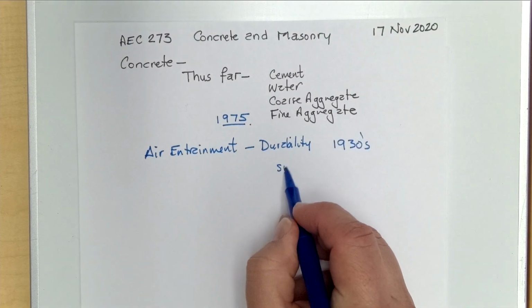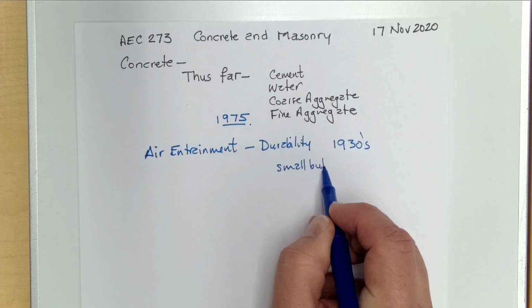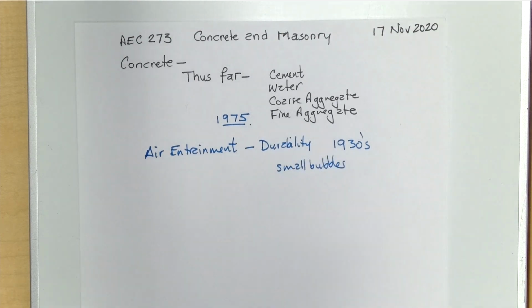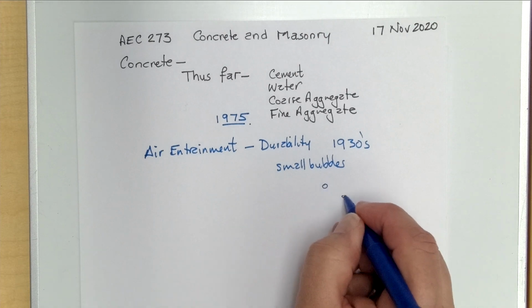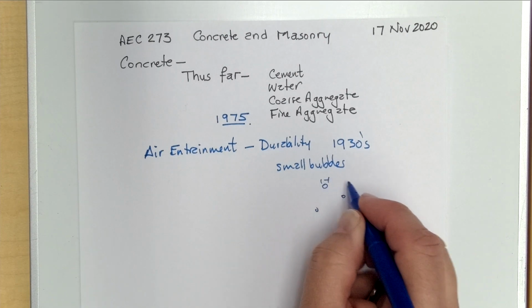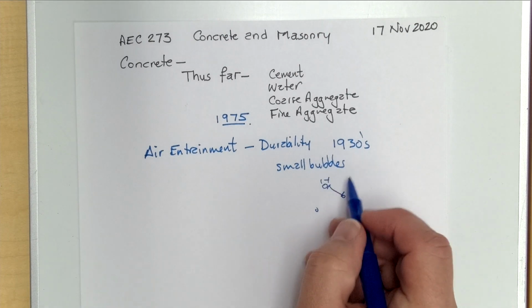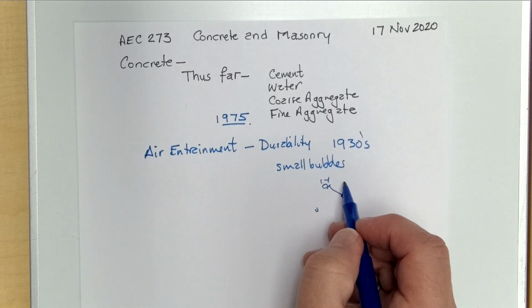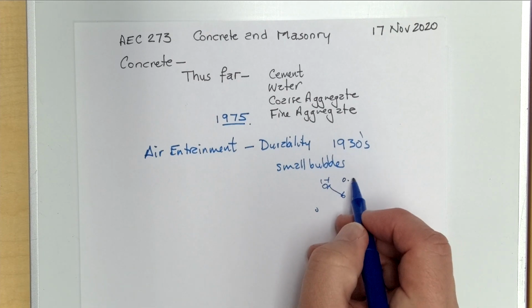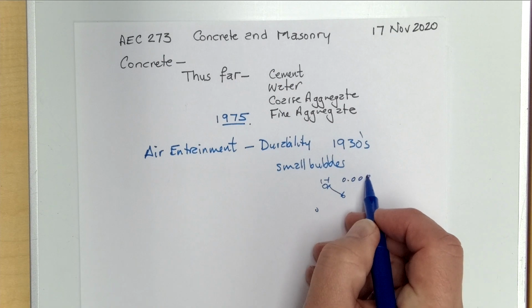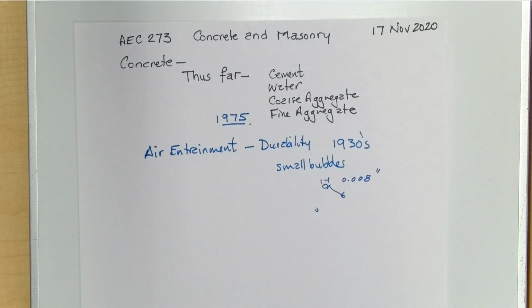We get some small bubbles, and those small bubbles are distributed throughout the matrix. They're very small, and the spacing between them is on the order of 0.008 inches. Very small bubbles, very close together. And that gives the water somewhere to expand to.